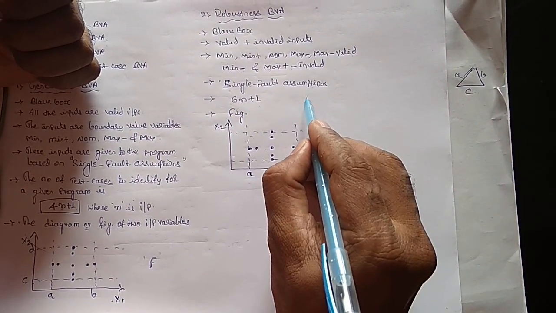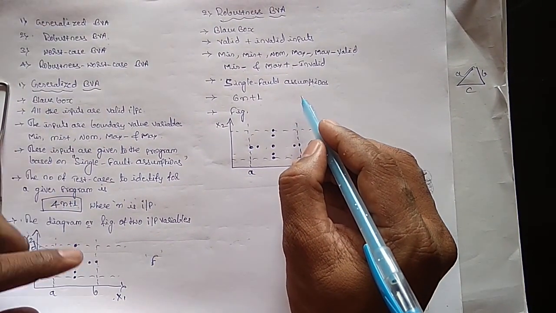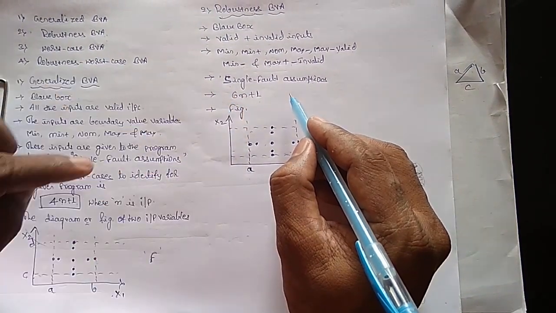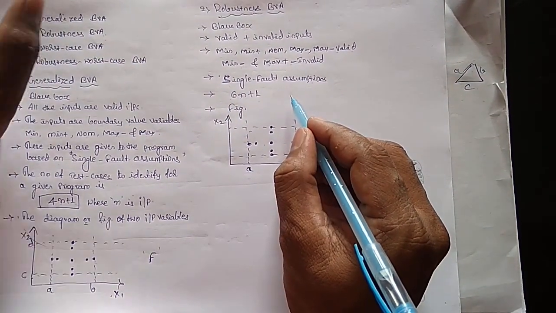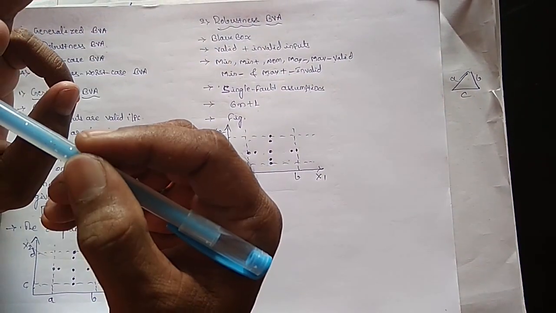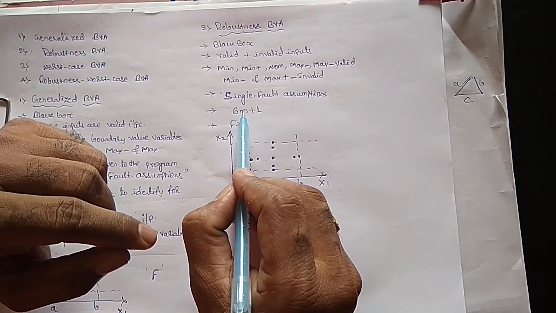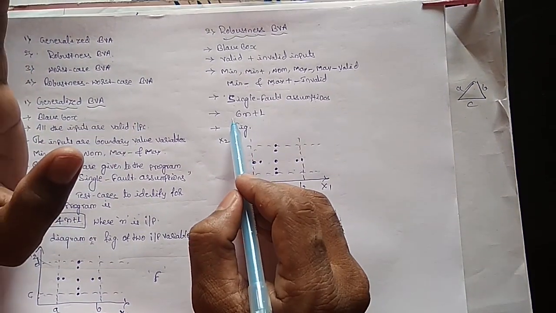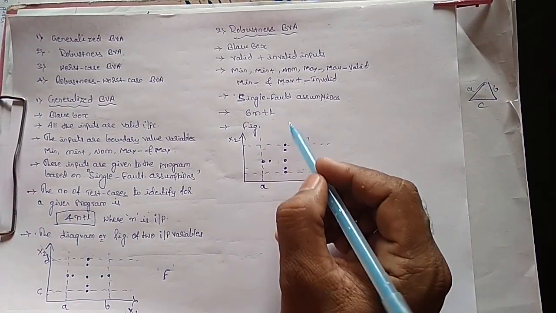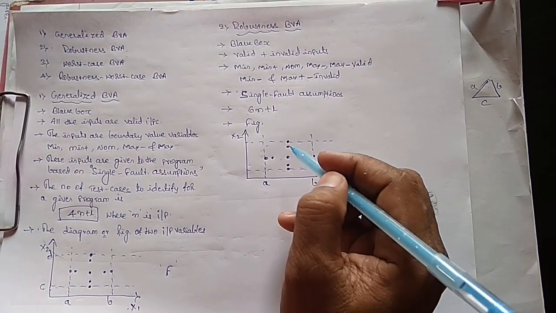Similar to what I explained in the generalized BVA, n is the number of inputs. For the triangle problem, we have 3 inputs, which act as the 3 sides of a triangle. In that case, the n value will be 3. Then 6 into 3 plus 1, so a total of 19 test cases are generated for your triangle problem.